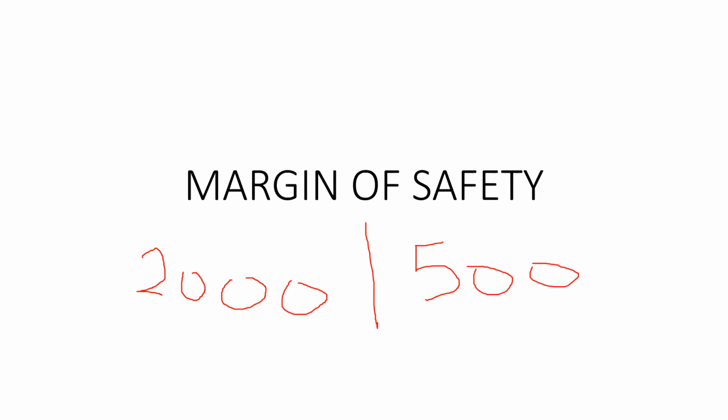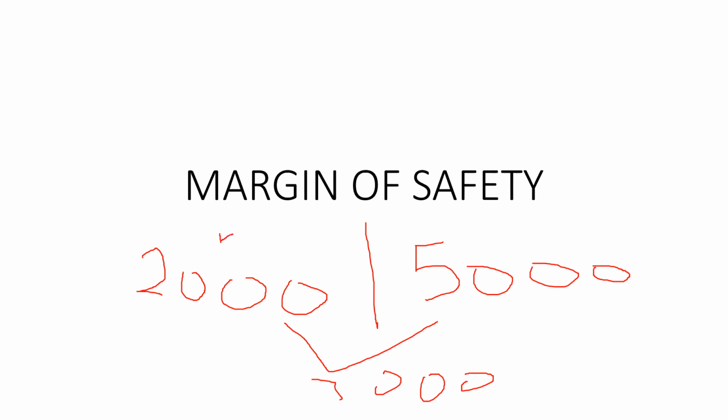For example, if your break-even is 2,000 units and your total to be manufactured or sold is 5,000, the difference between this is 3,000. Then this 3,000 we call it margin of safety.